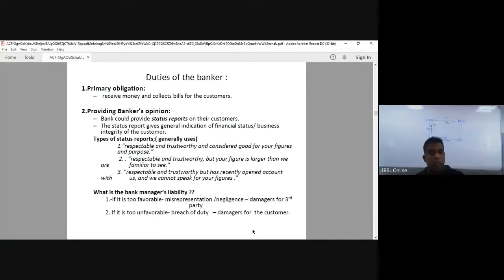In a situation like that, Mr. B, the account holder, can sue his bank manager, that is the HNB manager, for breach of duty. What is the duty? To provide an honest opinion. The bank manager has provided a wrong or negligent opinion, and because of that he lost the business opportunity. So he can claim damages from the bank where he maintains his account. So that is number 2, the duty of banker's opinion.